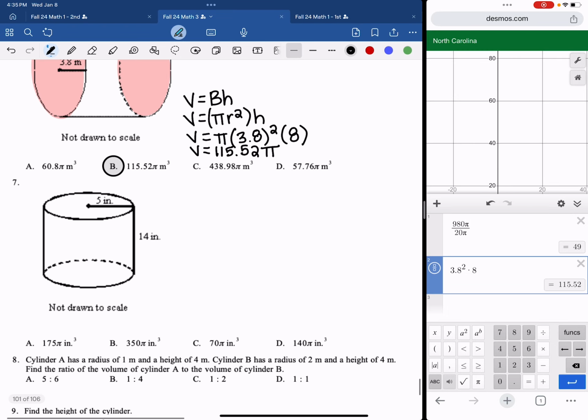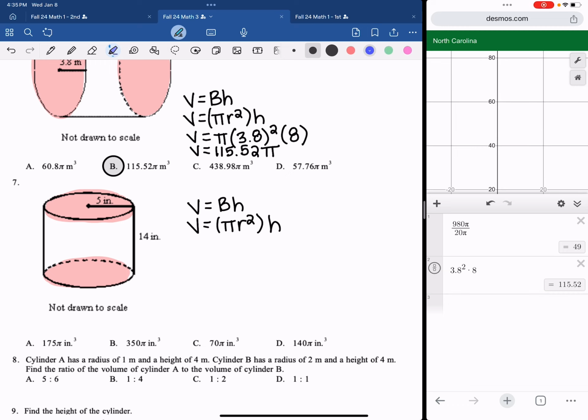All right, so again, we're finding the volume. We have a cylinder, so we're just practicing this cylinder. So we have volume equals big B times H. We have a circle as our base, so that's going to be pi r squared times the height. Our height goes between, once again, the two bases. So volume equals, they're in the same units, so we don't have to worry about converting anything.